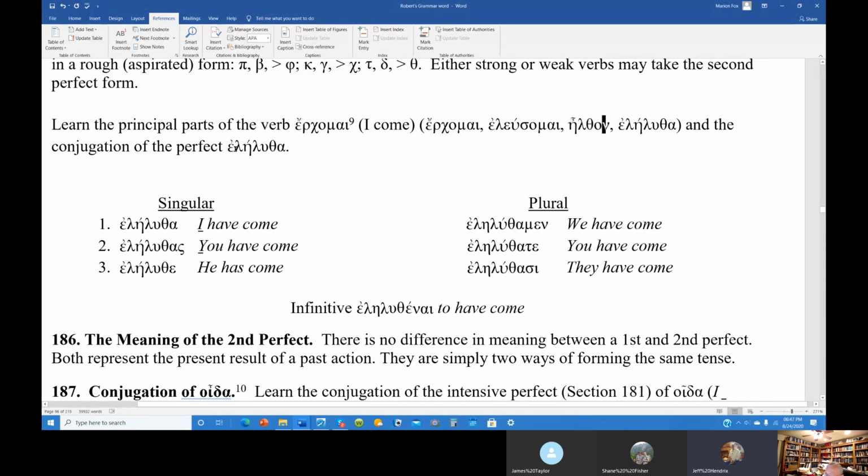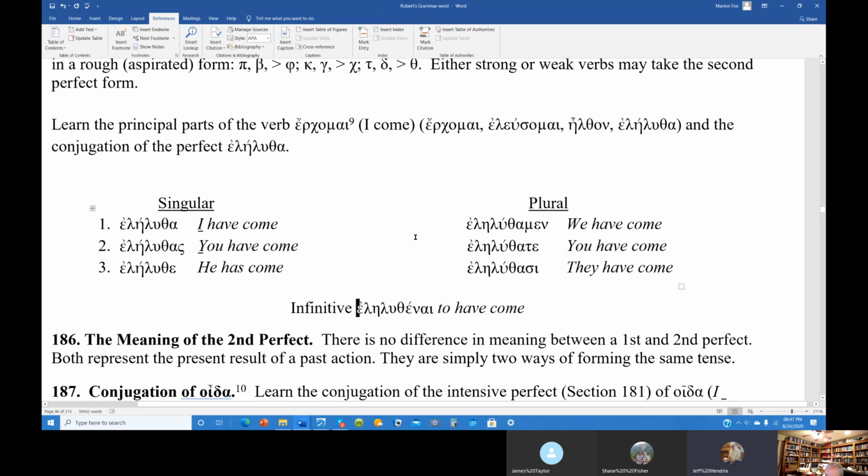So here's your perfect, and this is your form now. Singular: elelutha, eleluthas, eleluthe; plural: eleluthamen, eleluthate, and eleluthasin. So it does have an infinitive: eleluthenai. I have come.